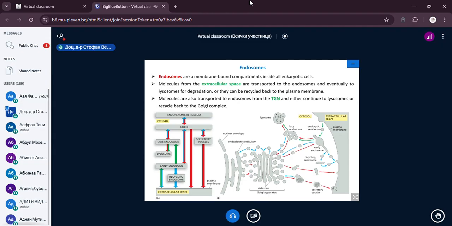And you know, in Bulgaria, the marking system is such that the more information you provide for each structure, for each organelle, for each tissue, the higher your grade will be. So you decide how much you wish to know about each organelle, about each type of tissue.